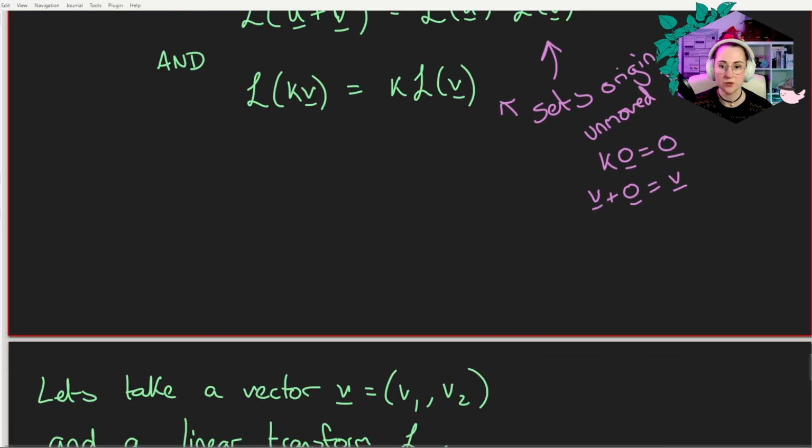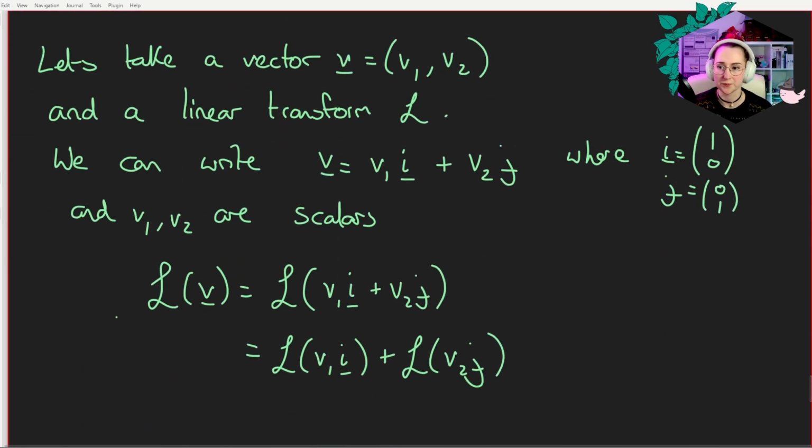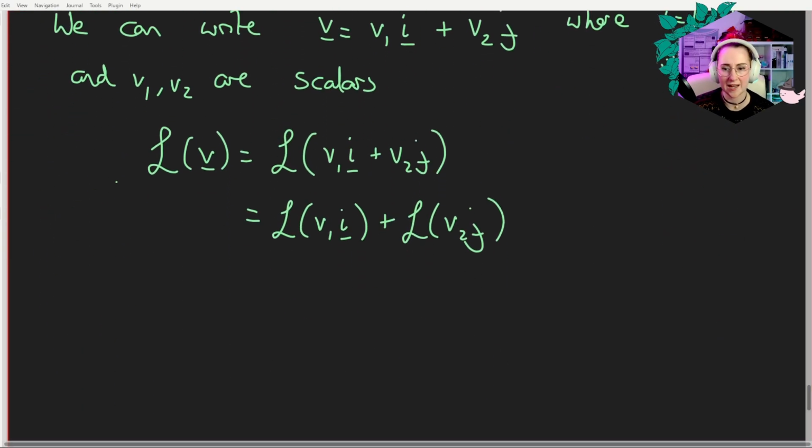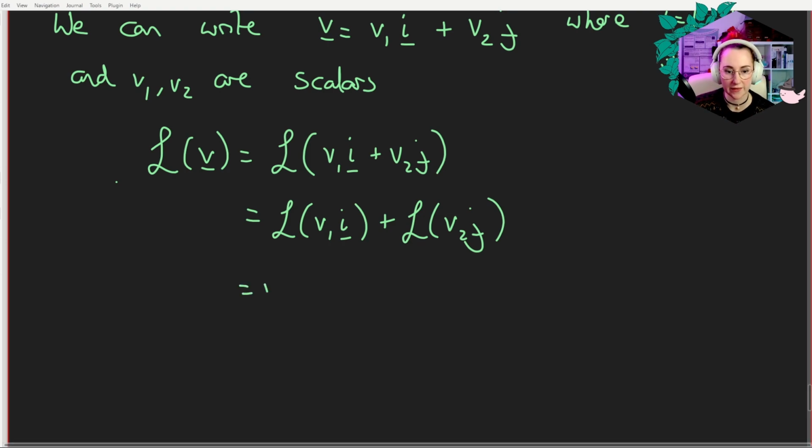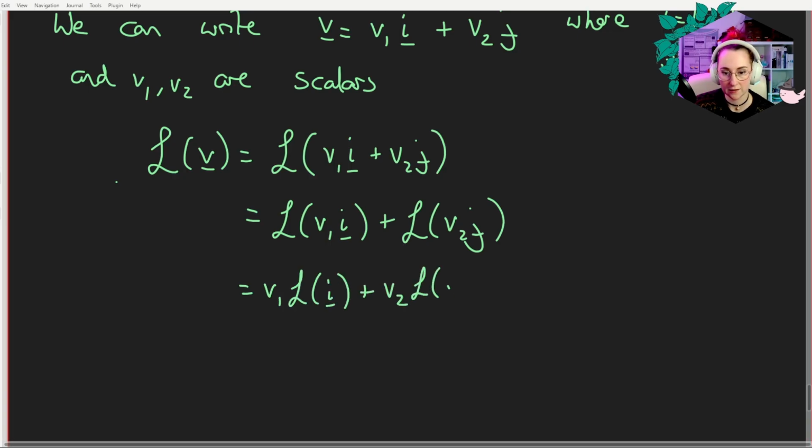And then we can do something with the second rule as well, where we have a scalar coefficient times a vector, and we can take that outside of the transform too. That gives us V1 L of I add V2 L of J. What that means is that for any vector, we can apply the linear transform to V by multiplying the elements of V by the linear transforms of the basis vectors.